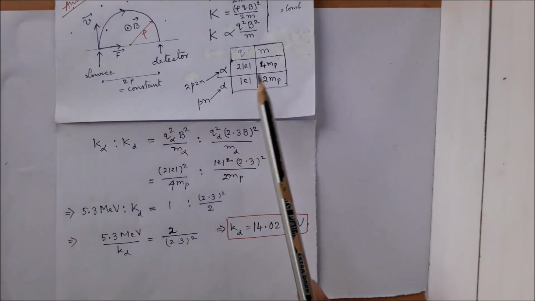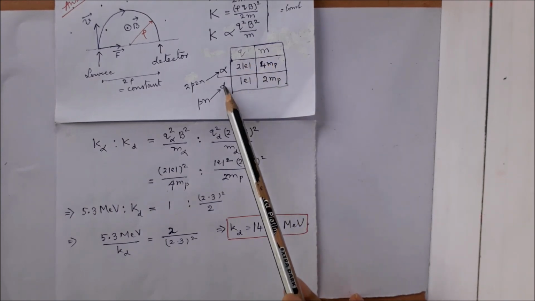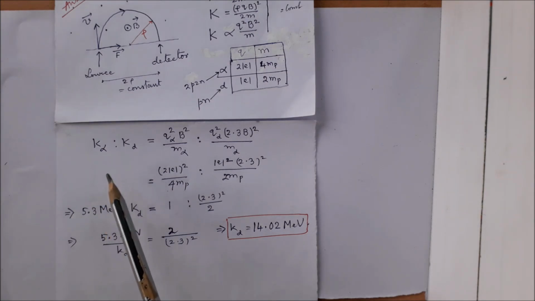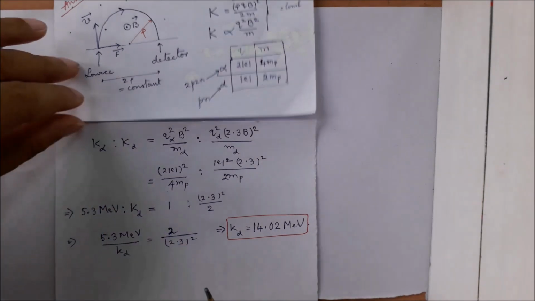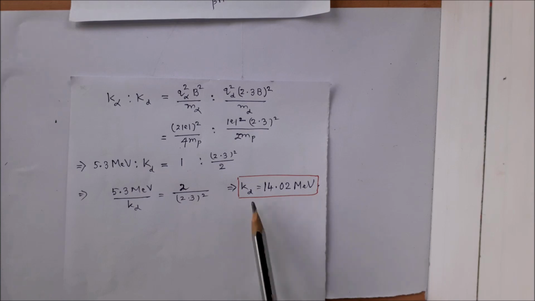So if we put correctly the values of charge and mass of alpha and deuteron in this ratio, we end up with this value, and then let us put the value of kinetic energy of alpha, which is given to be 5.3 MeV. We end up with this expression of the kinetic energy of deuteron, and this is what was wanted in the problem.